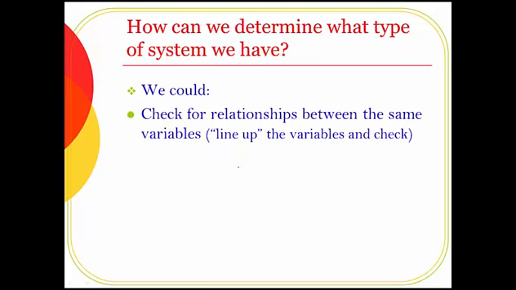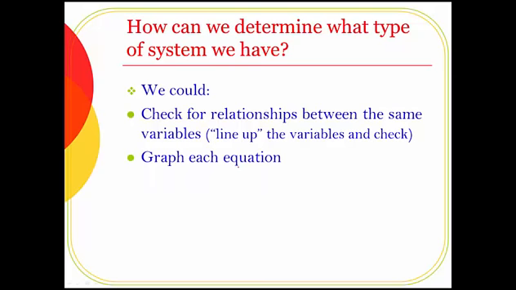First of all, we could check for relationships between the same variables. If we are doing this, we have to line up the variables, make sure that the variables match in each equation, and then we check for relationships between them. We shall look at that. We could also graph each equation.